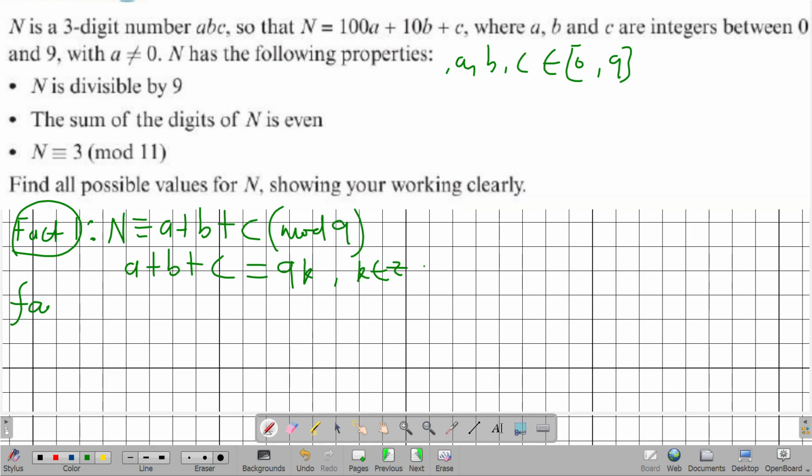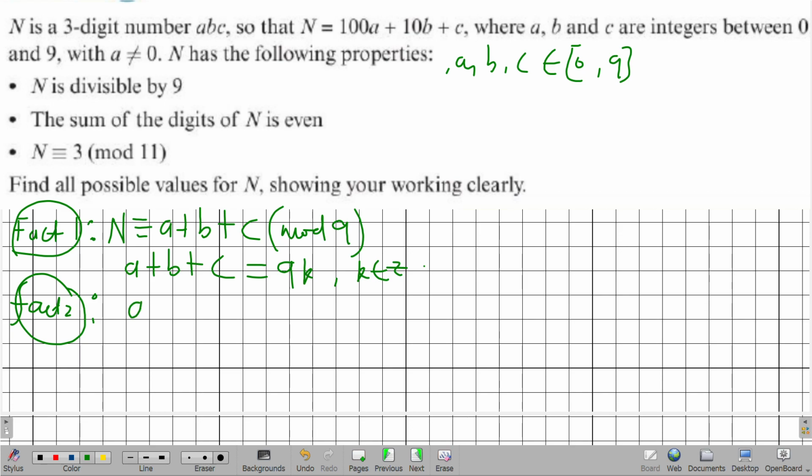Fact number 2 is saying the sum of the digits of n is even. So in other words, if we add the digits of n, we are going to have an even number. We are using a plus b plus c because we already know n, which is divisible by 9, can be expressed as a plus b plus c.